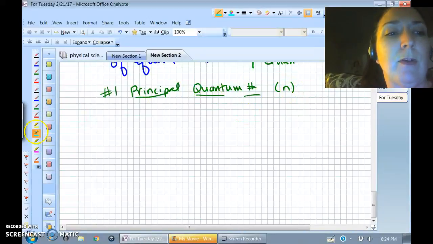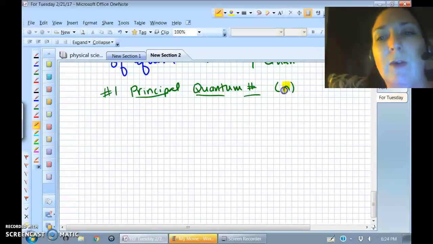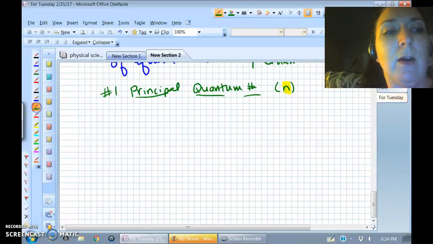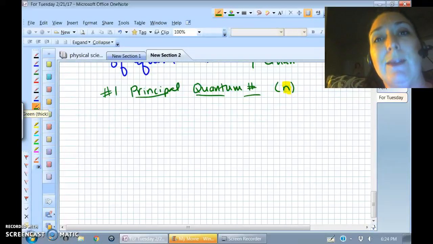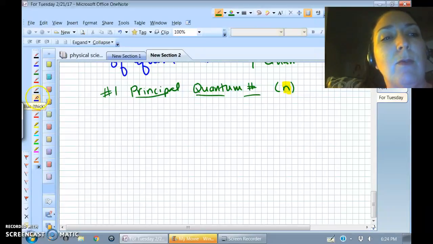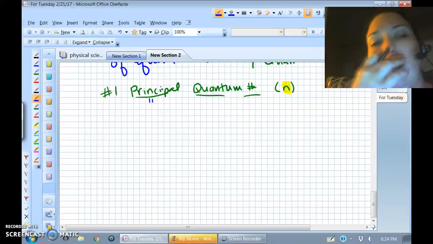Now this should be familiar to you because we have worked with lowercase n before, and that refers to energy level. It's the same here. So when we say principal quantum number, what I need you to think in your brain is energy level.